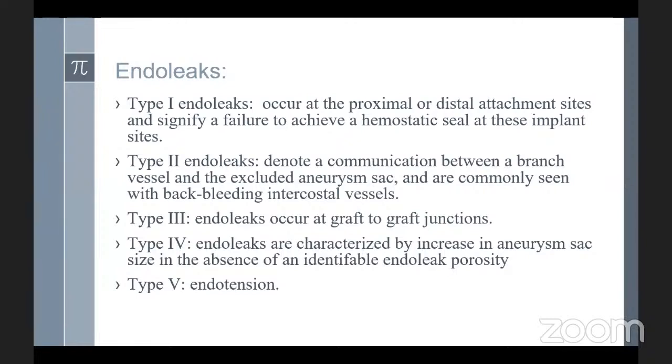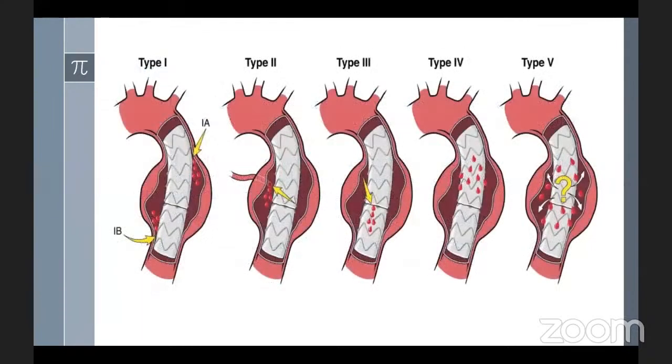Type 3 endoleaks at the graft-to-graft junction if you put 2 grafts or 2 stents. Type 4 is an increase in the aneurysmal sac without an identifiable endoleak cause. And type 5 is an endotension inside the graft, also without an obvious reason.